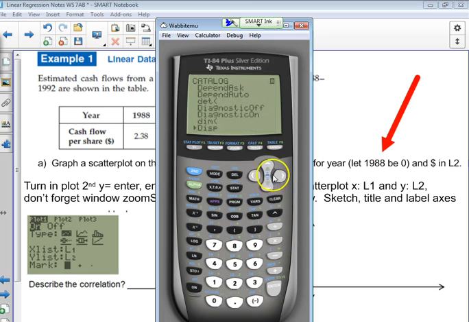Make sure it says diagnostic on, not off, then hit enter twice and it'll say done. That was really exciting. Diagnostic on, done. Everybody good? So it's turned on one way or the other or both? Okay, it's going to show up as the R value on the screen when we do a linear regression in a second.